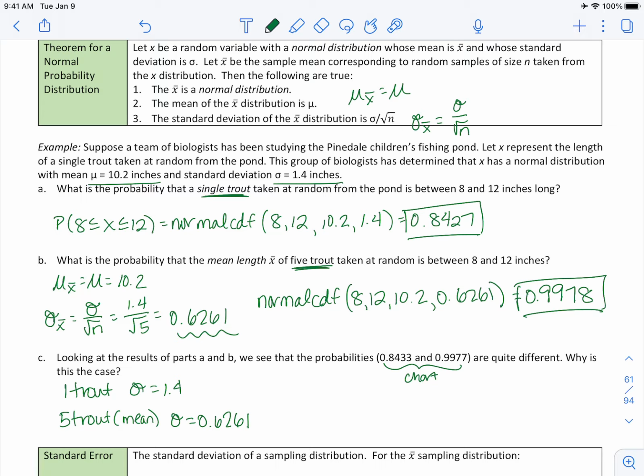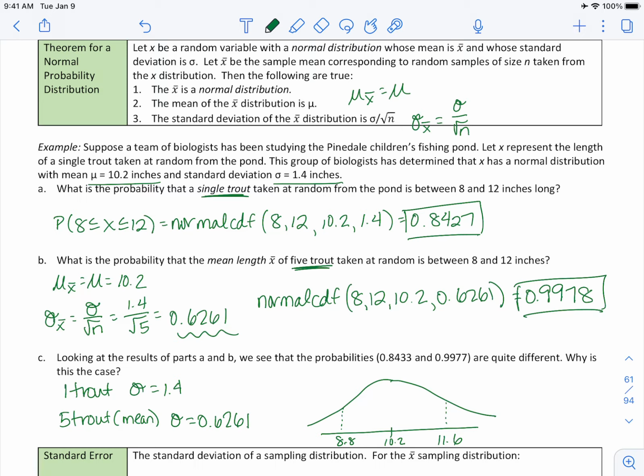So if we're thinking about this, looking at the chart, if I wanted to make a graph, I'm going to erase this. If I'm making my graph for one trout, it's going to look like this, right? We have a mean of 10.2, one standard deviation, we have 1.4. So one standard deviation away, this is about 8.8, and this is about 11.6.